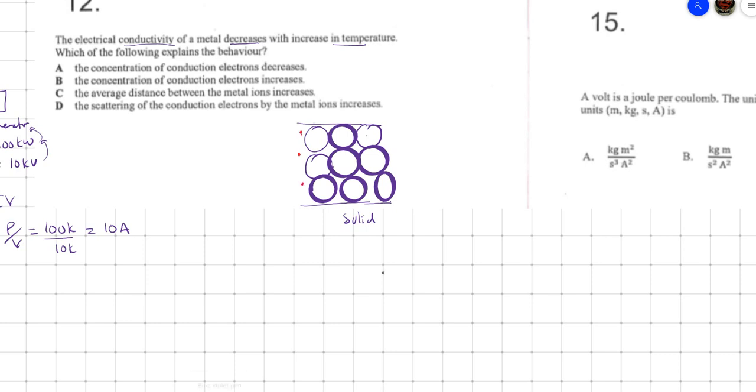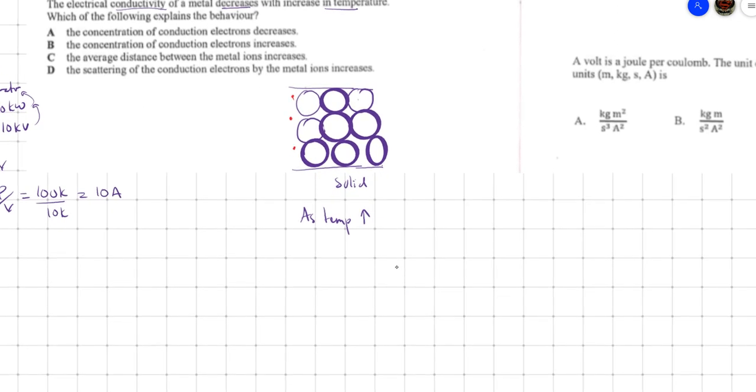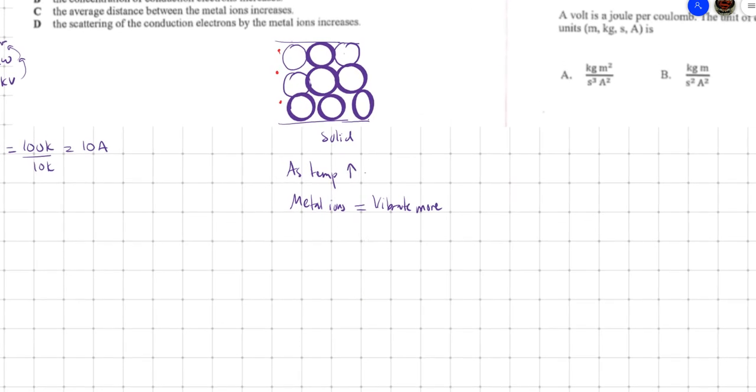Now, as temperature increases, what's going to happen? Those metal ions are going to vibrate more, because the ions gain kinetic energy, so they start to vibrate more.